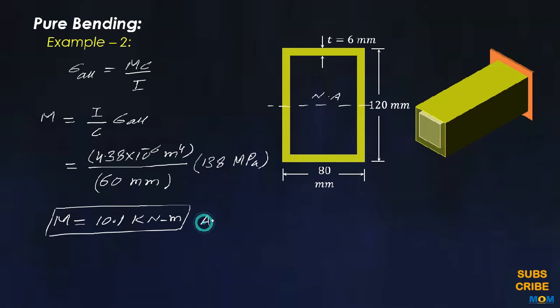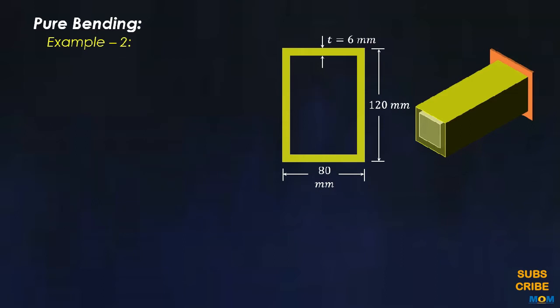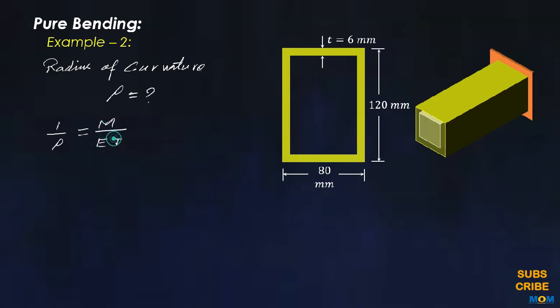So we have calculated the first part, that is the bending moment value. Now for the radius of curvature, that is rho, we have to calculate the value of rho. So using bending equation, 1 upon rho is equal to M upon EI.